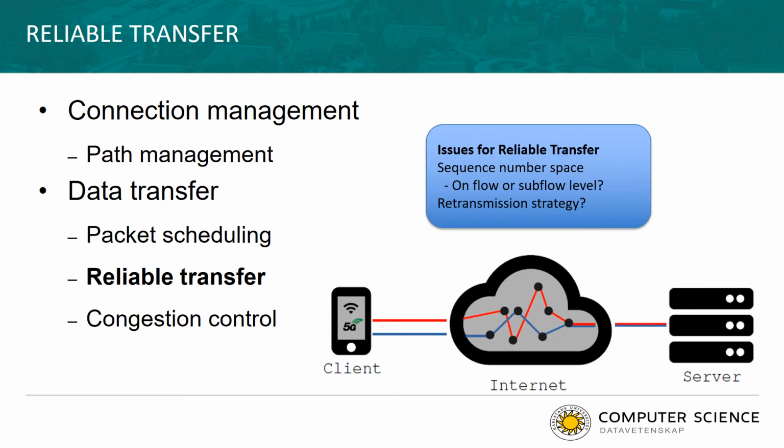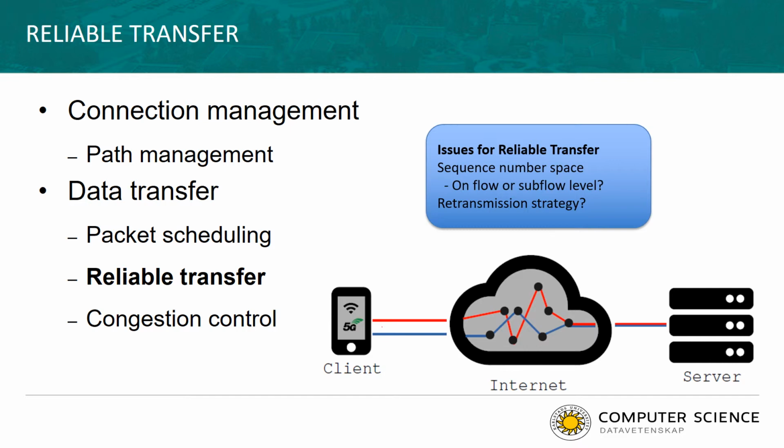And here the decisions may be different in different protocols, and here is also one aspect where deployability becomes very important. So for instance, in multipath TCP, we have the regular sequence numbers at the TCP level, and we have another sequence number space at the MPTCP level, and this is needed in order to be able to deploy the solutions.